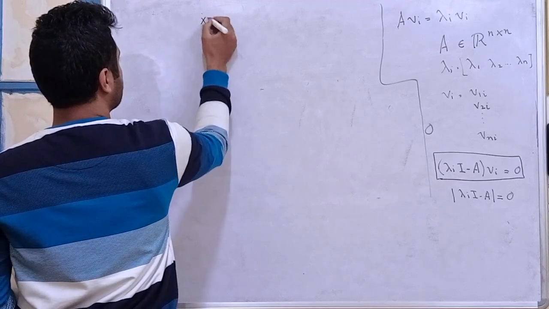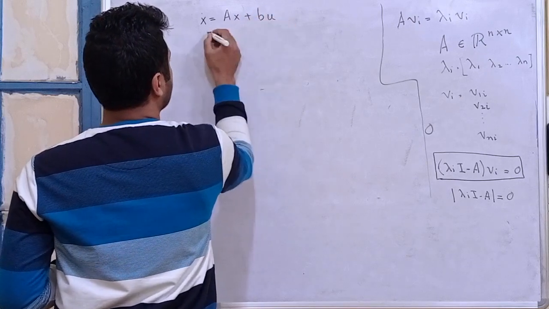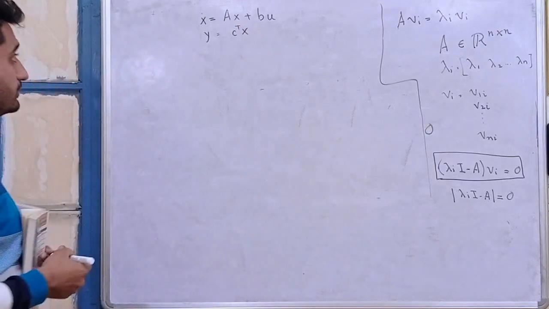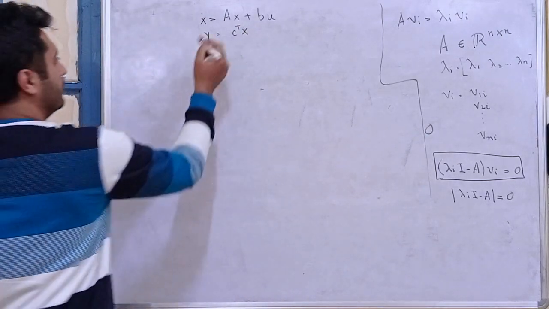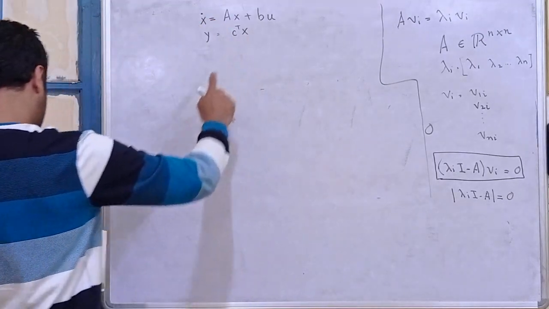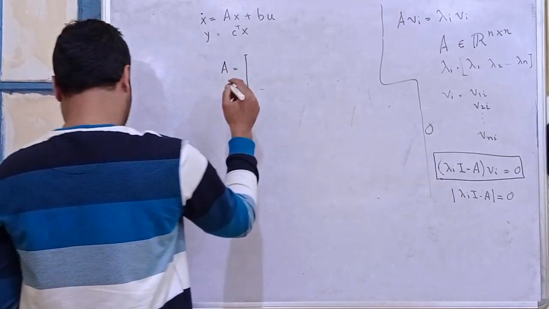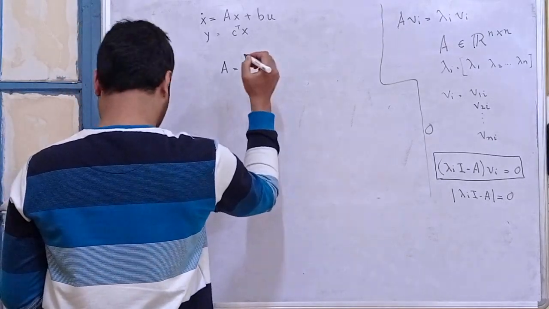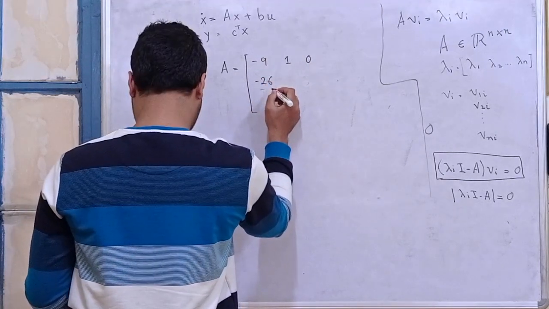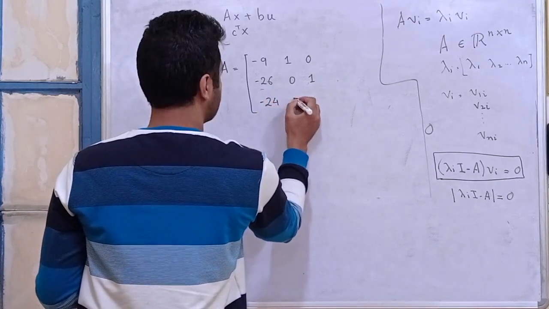Let's take another example. Let's suppose we are given this linear dynamical system, with a single input and single output, so I'm representing it by scalars. Let's suppose that A is given like this: 0 1 0, 0 0 1, -24 -26 -9.